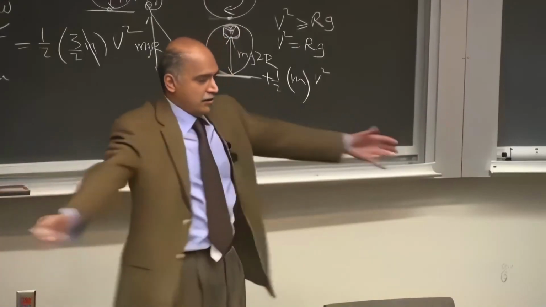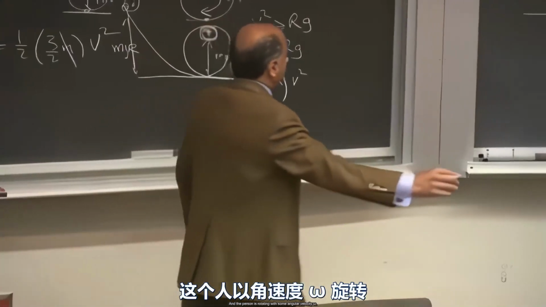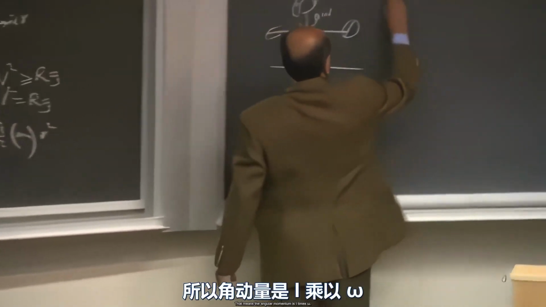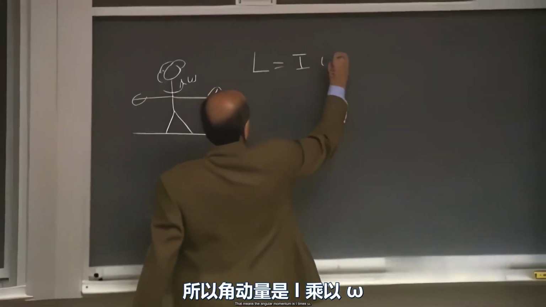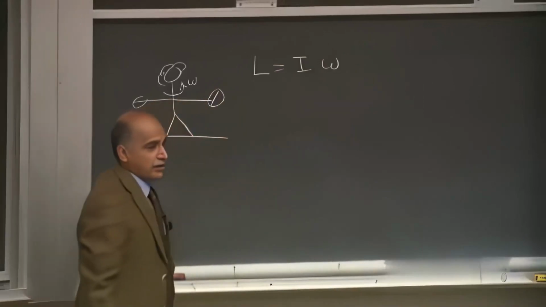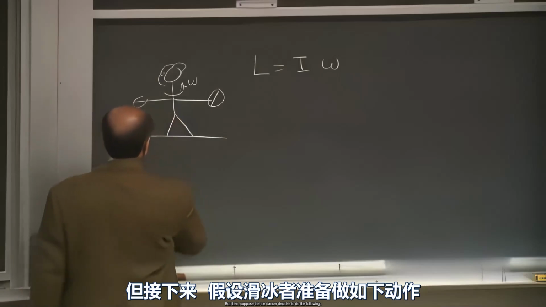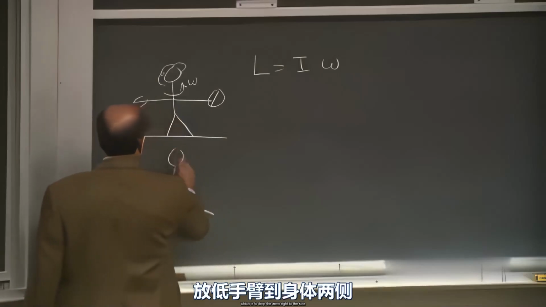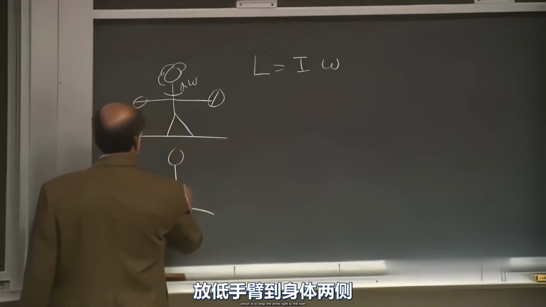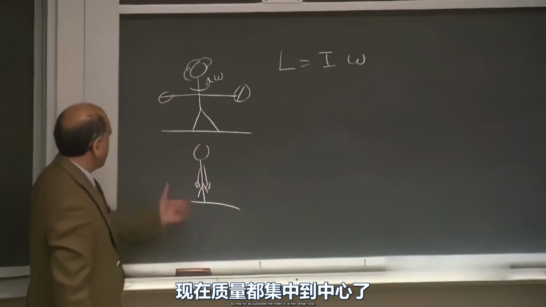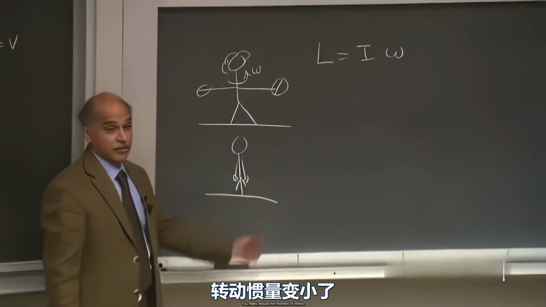Okay, and the person is rotating with some angular velocity omega. That means the angular momentum is I times omega. And that cannot change. But then suppose the ice dancer decides to do the following, which is to drop the arms right to the side, so that for all purposes the masses are at the center now. You really reduce the moment of inertia.